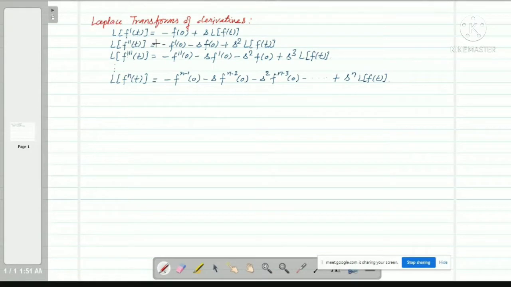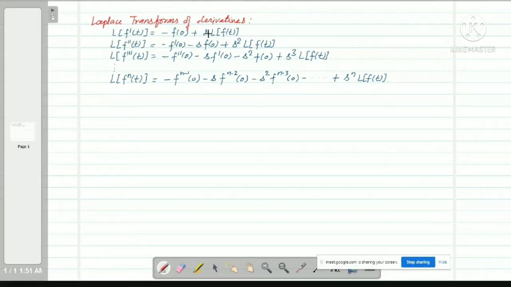Here we want to find the first order derivative of the function and its Laplace transform, so you will have a plus sign and s times the Laplace transform of f of t. For the second order derivative of the function, we will have s square and its Laplace transform, and all the other terms will be negative terms. Only the last term will be positive.